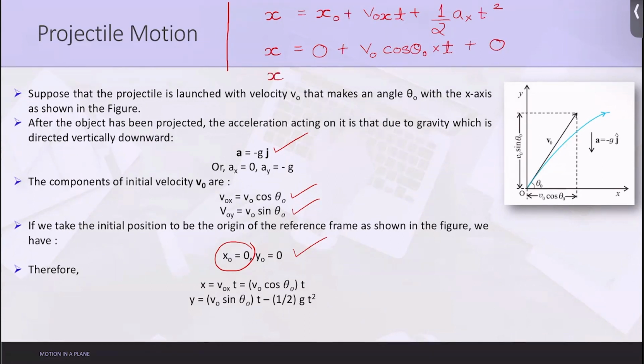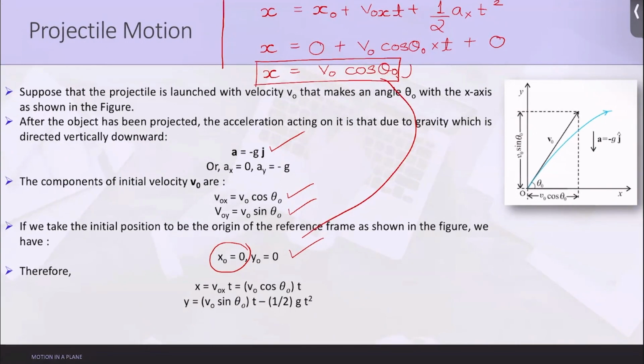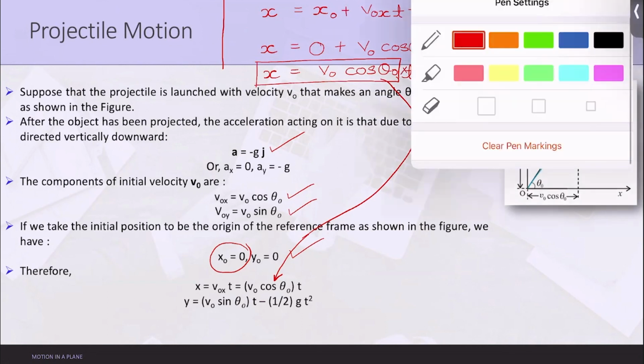Therefore, x is equal to v naught cos theta naught into t. Okay, so that's how we derive the first result.